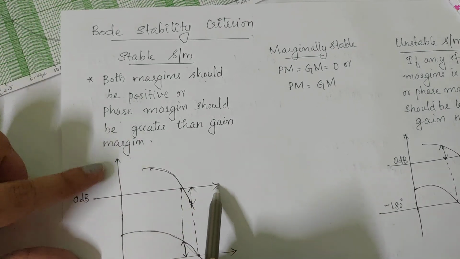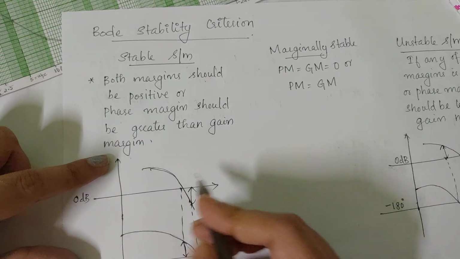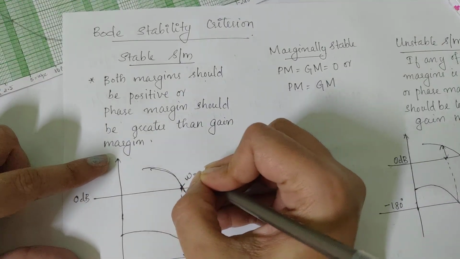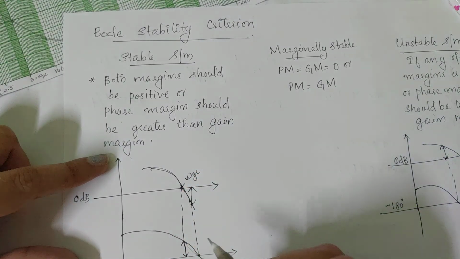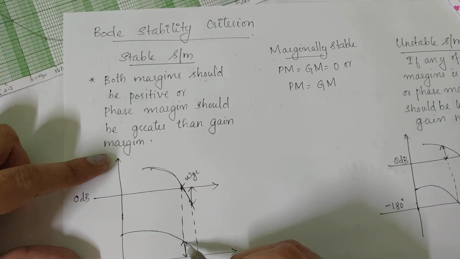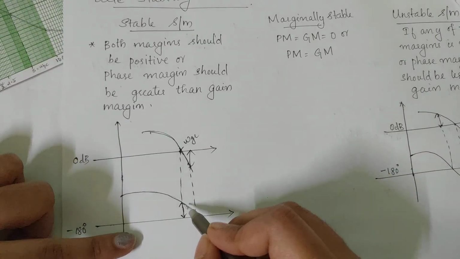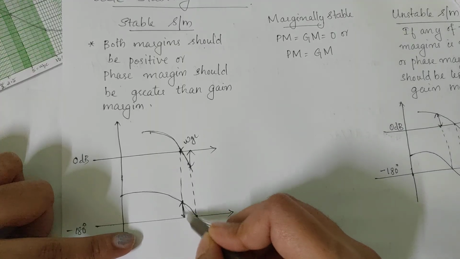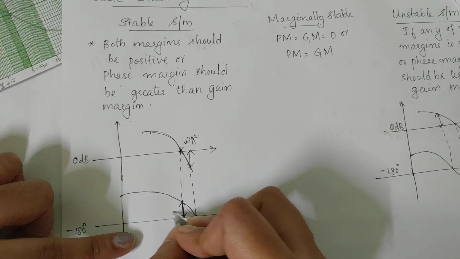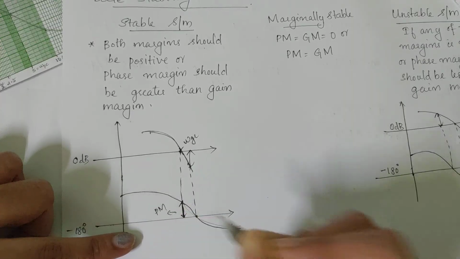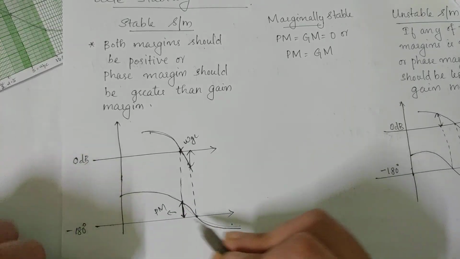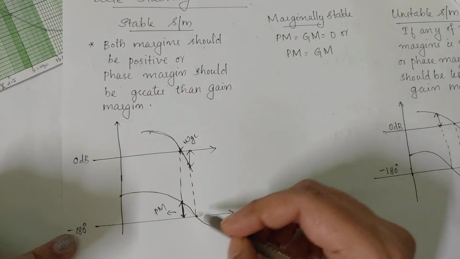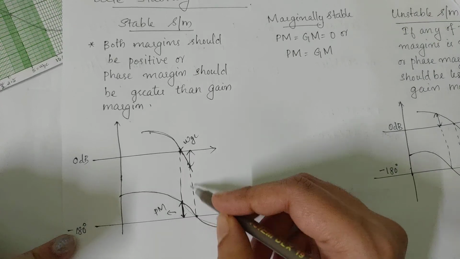That is, I have the plot and the gain crosses 0 dB at omega GC, the gain crossover frequency. Plot it towards the phase and I will get a point. This distance will be my phase margin, and the phase crosses minus 180 at this point.